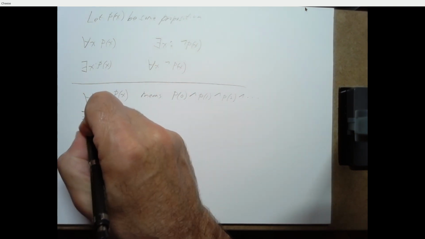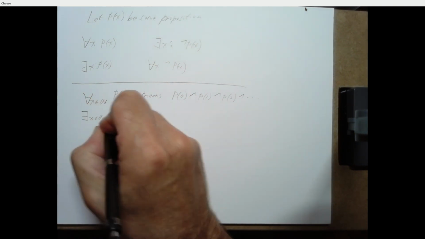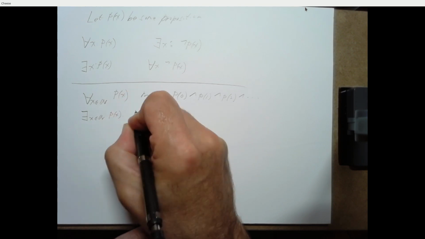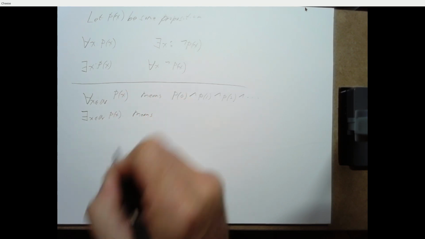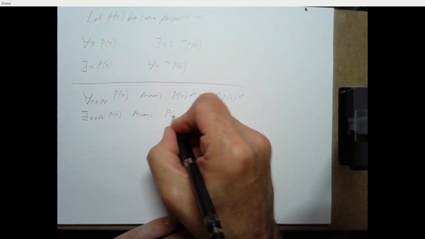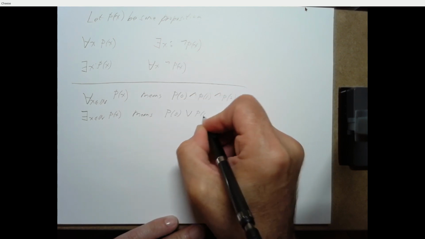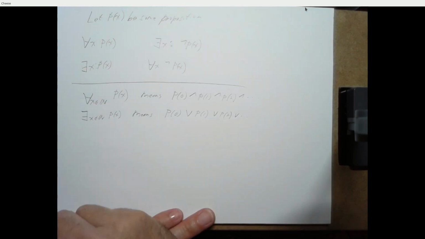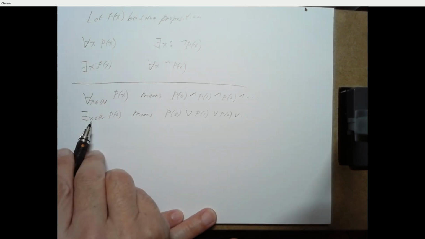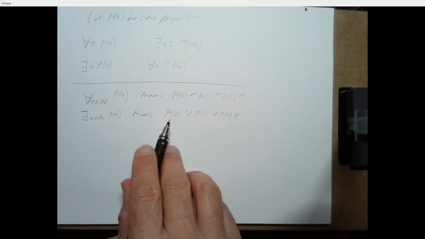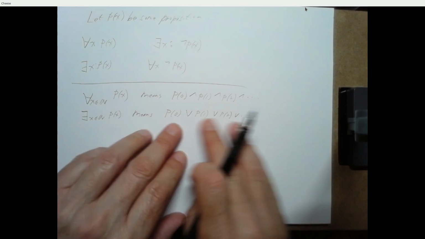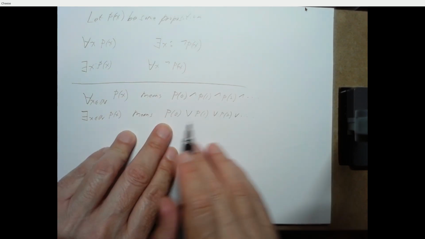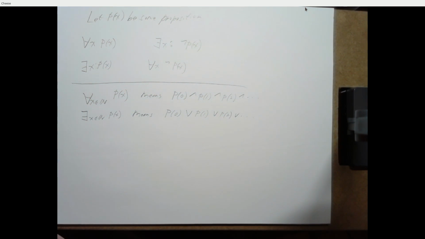And there exists an x contained in the natural numbers such that P of x is logically equivalent to P of 0 or P of 1 or P of 2 and so on. Because this is saying there's some natural number x where P of x is true, and if we write this out for all the natural numbers, at least one of those is true. So these really mean the same thing.